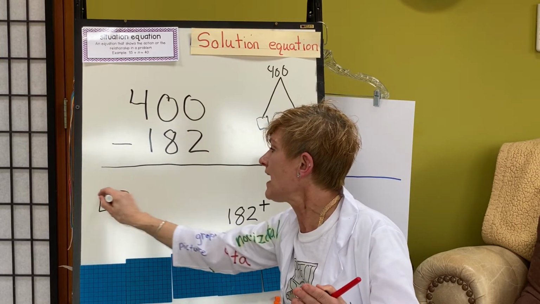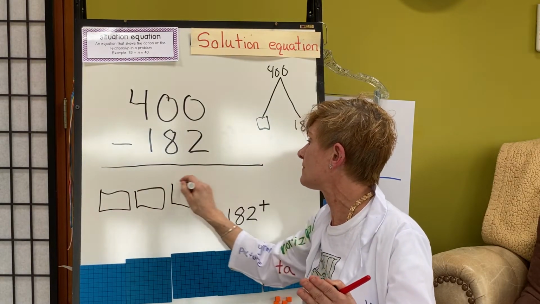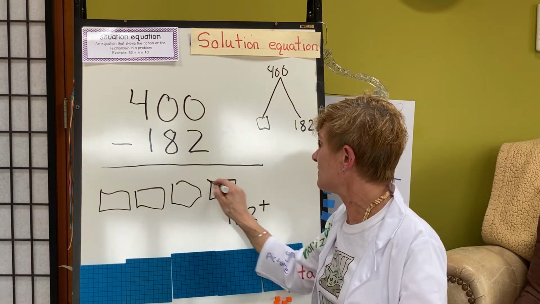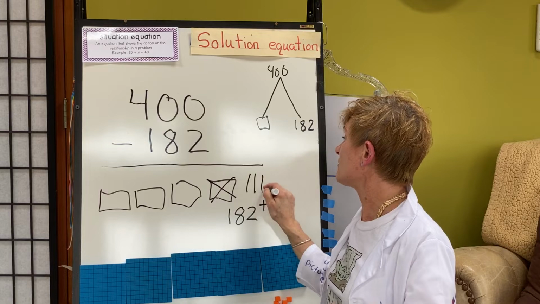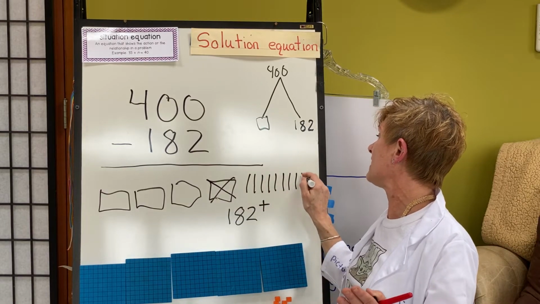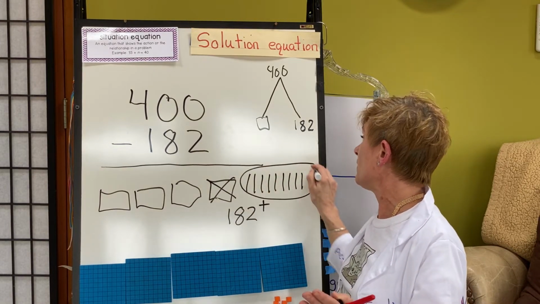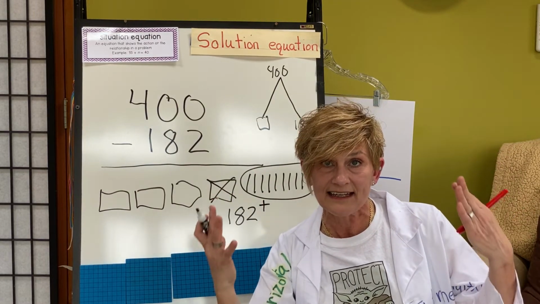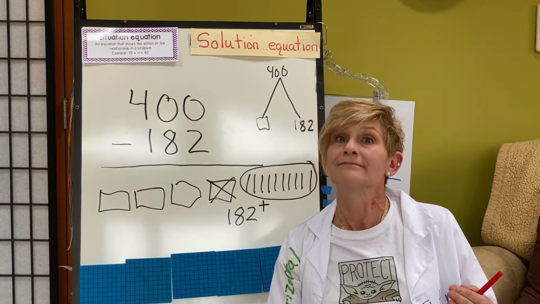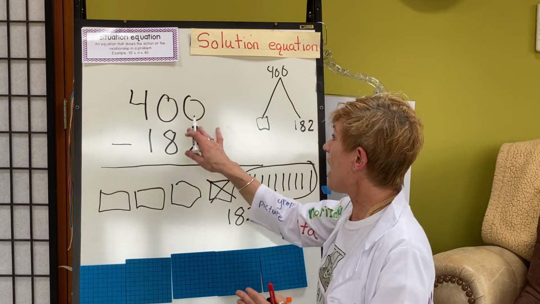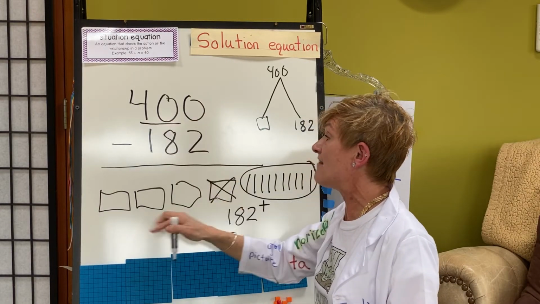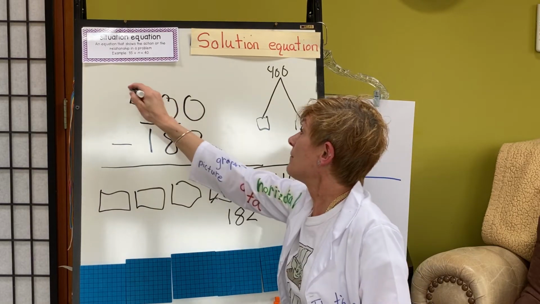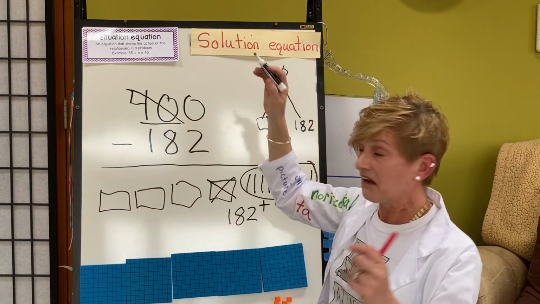We know that when we have 400, we know that in that 100, 10, 20, 30, 40, 50, 60, 70, 80, 90, 100, we can ungroup and get 10 tens out. So I'm going to do that. I know that I have actually 40 tens. I'm going to ungroup that whole thing.